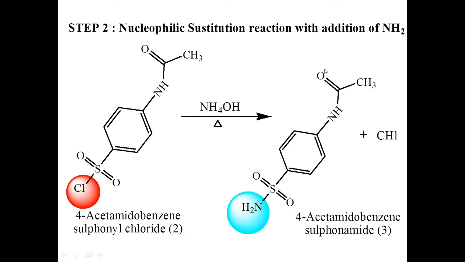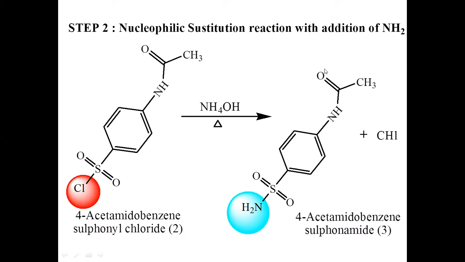The red highlight indicates the removal of chloride as HCl, while the sky blue or green highlight represents the addition of amine to represent the sulfonamide group. Addition of amine as a nucleophile is represented as sulfonamide, and the compound is known as 4-acetamido-benzene sulfonamide.